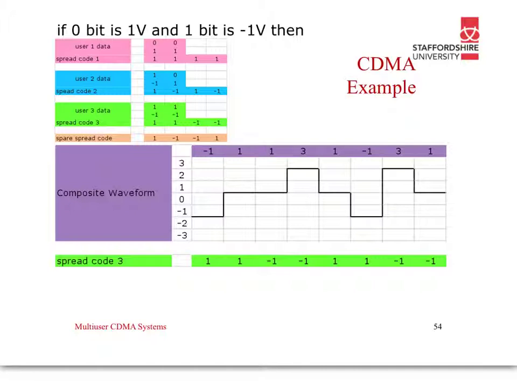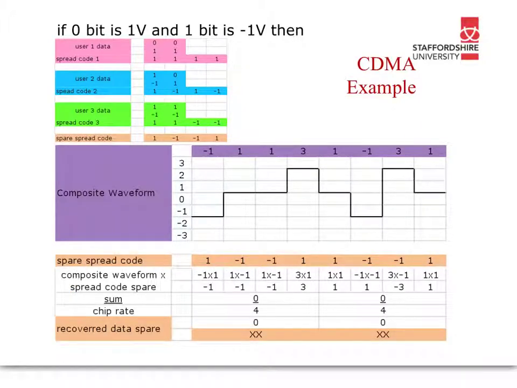Now the final question is we didn't actually transmit anything using the spare spreading code. What happens if I multiply this spare spreading code by the composite waveform? Actually what we get is zeros out.